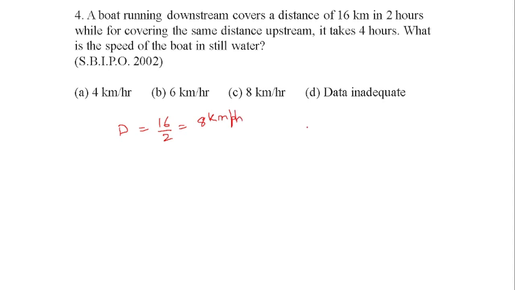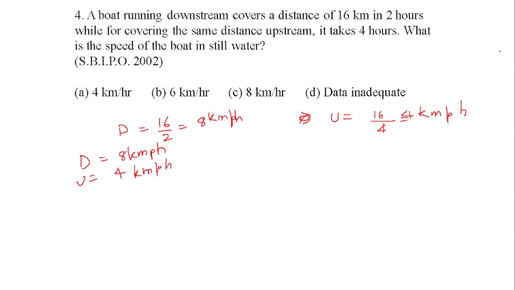Upstream, again, is the same distance, that is 16 kilometers. He is covering it in 4 hours. It means 16 divided by 4, 4 kilometer per hour. So we are getting downstream as 8 kilometer per hour and upstream as 4 kilometer per hour.